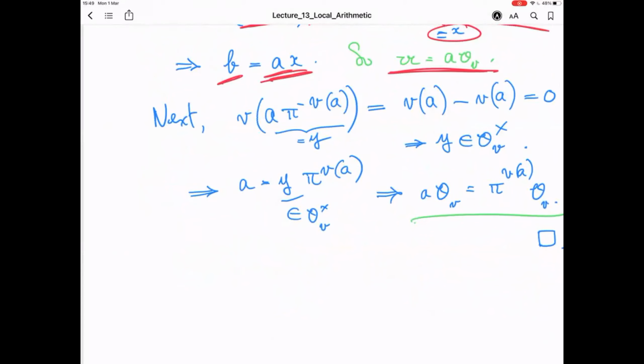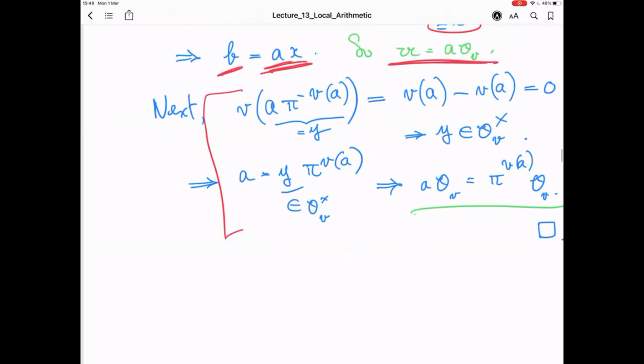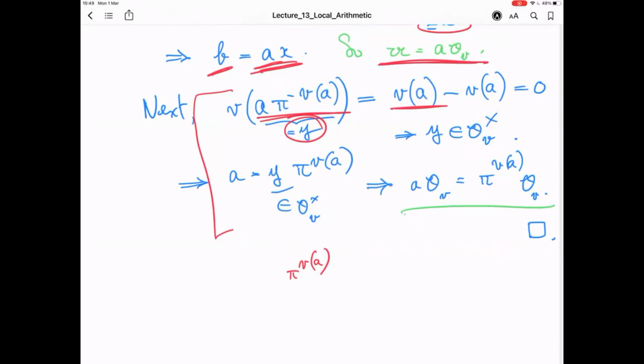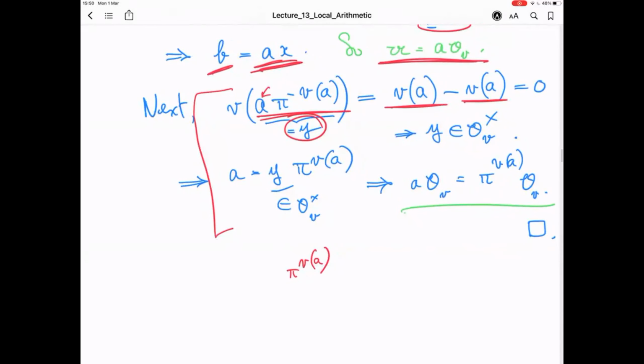Similarly, it's exactly the same kind of argument which shows that it's also generated by pi to the power v(a). Because what is the valuation of a times pi to the power minus v(a)? Let's call this element y. Then it's the valuation of a minus v(a) times the valuation of pi, but the valuation of pi is equal to 1.